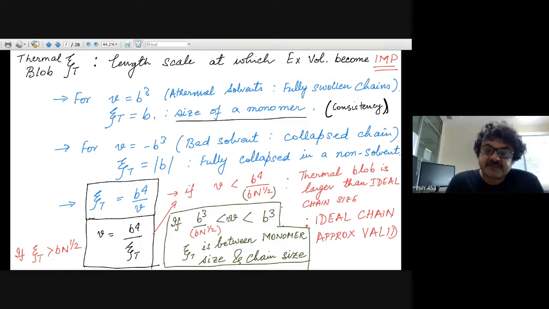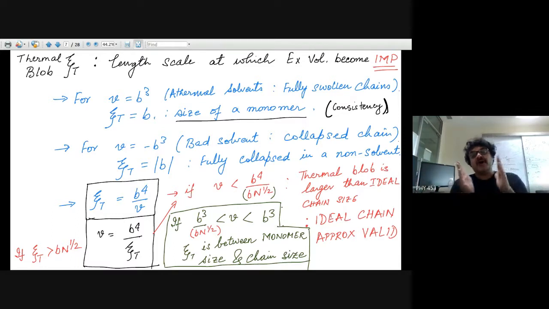However, these are the two extremes, but when v is between these two ranges, then you have a length scale zeta t which is in between. It's greater than the monomer length scale, but at the same time, smaller than the length scale of the entire chain.